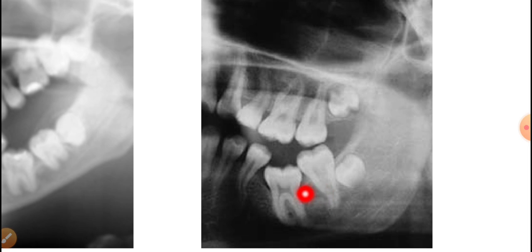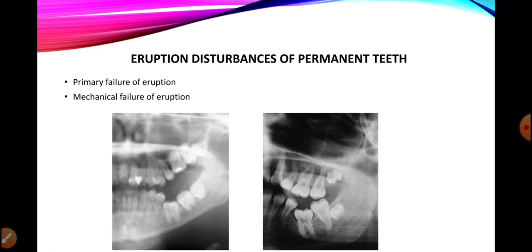My pointer is not going over there, anyways, I know you are getting the point. So in cases of mechanical failure of eruption, there are usually chances of ankylosis. The teeth which are posterior to them can erupt, whereas in primary failure of eruption, there are no signs of ankylosis until and unless we give them orthodontic traction. All the teeth distal to them are also involved. So both the primary failure of eruption and the mechanical failure of eruption contribute to the etiology of posterior open bite.